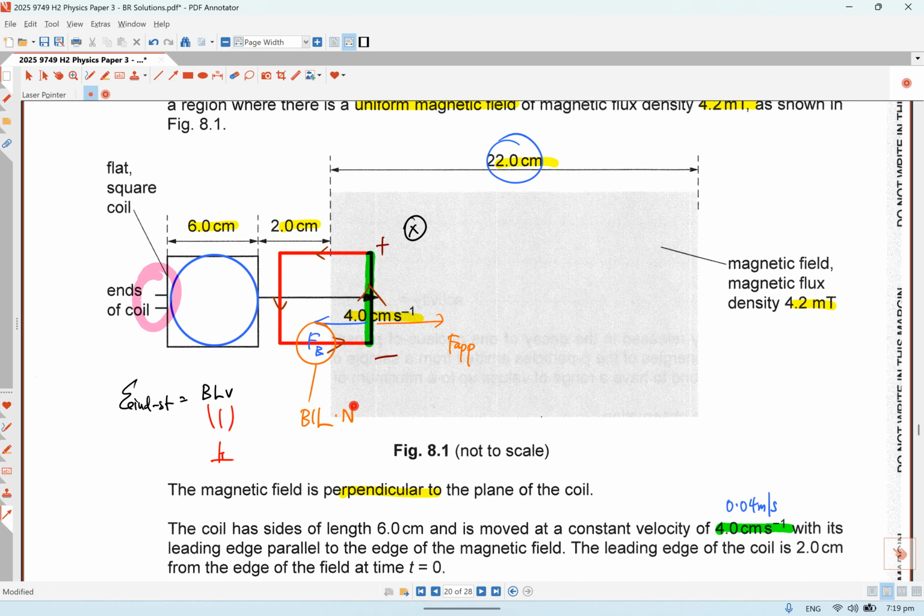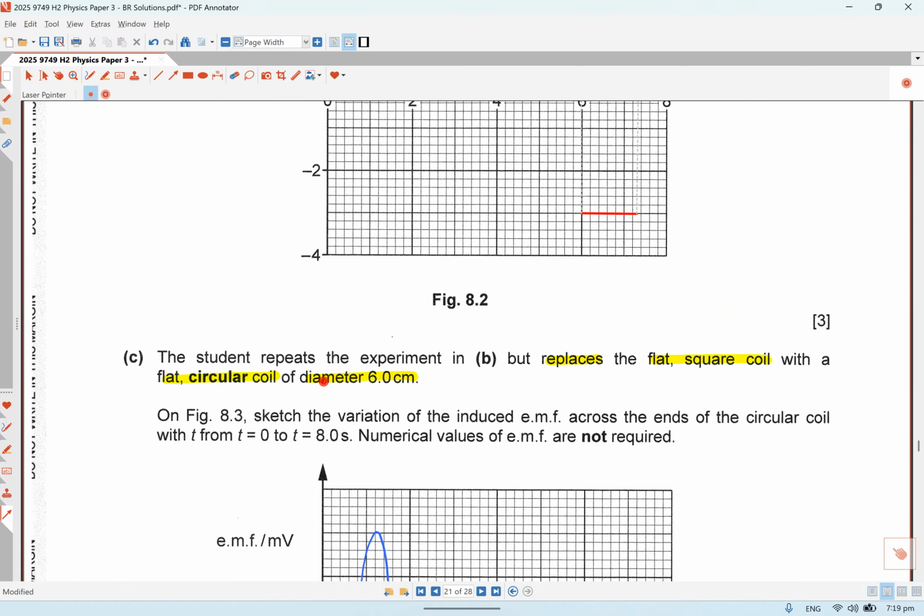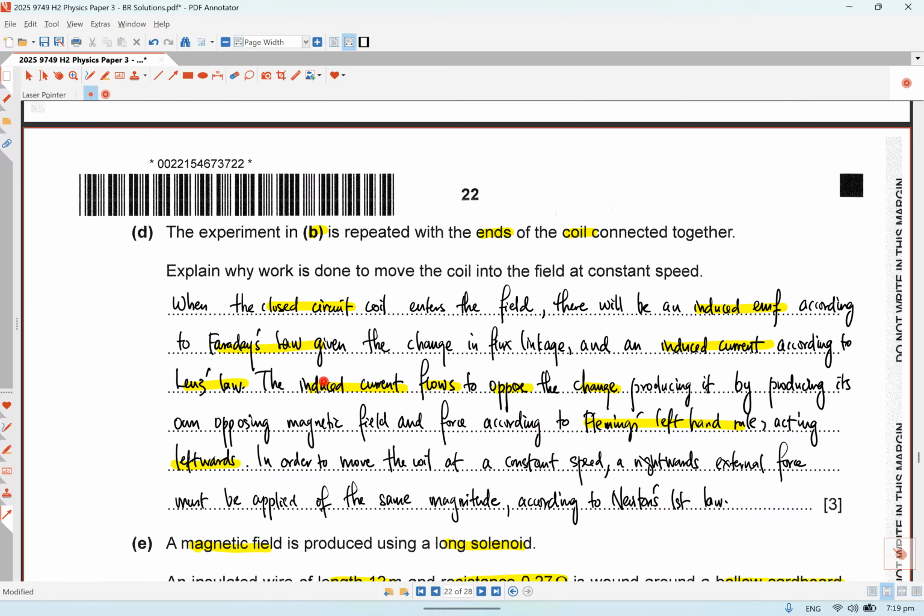So that's the concept here as to why you need work done to move it at a constant speed. According to Newton's first law, for you to move at a constant speed, you need a rightward applied force, as I showed you just now, which is equal and opposite to the magnitude of that magnetic force, FB.